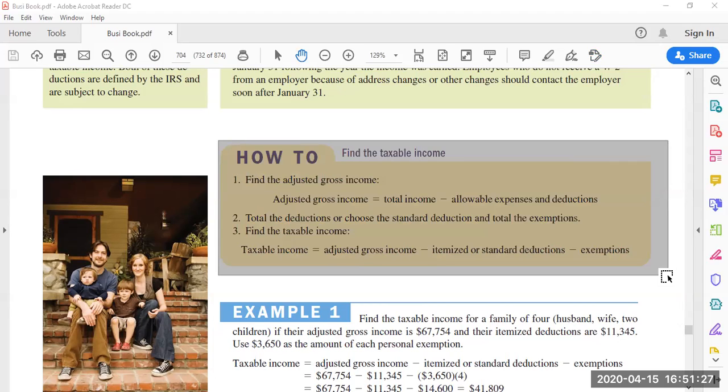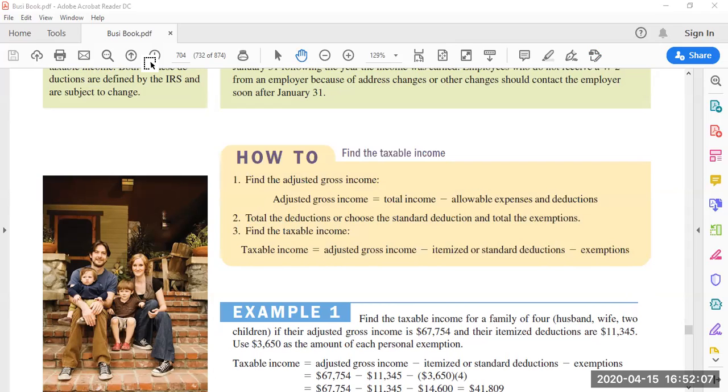So if you cannot itemize deductions, then you would choose the standard deduction, okay? And then we can find our taxable income by subtracting your itemized deductions or the standard deduction, one or the other, as well as the total of your exemptions. You subtract all of those from your adjusted gross income. The amount that's left will be your total taxable income. Now, this is based, of course, on all sources of income that you've received, okay? And you must report that.